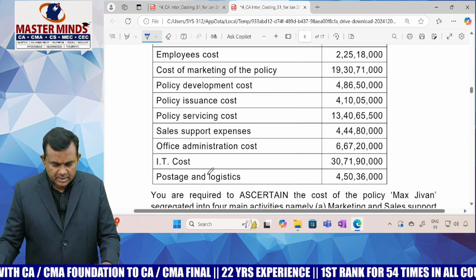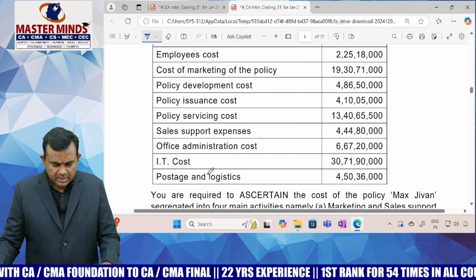So add these 3, sir. Next, second one, operations cost. Operations cost includes policy issuance cost, policy servicing cost, next claims management cost, A plus B plus C, that is the second one.